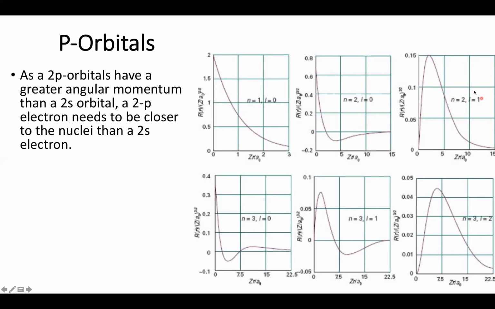So when I have an n of 2 and an L of 1, so this is our 2p orbitals, what we've essentially done is increase the angular momentum of this orbital with respect to, say, the 2s orbital.